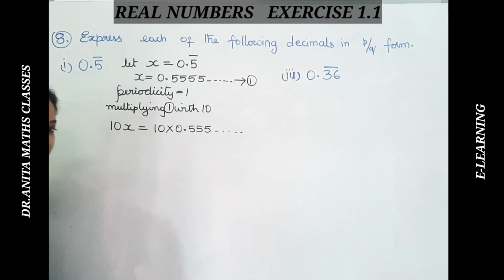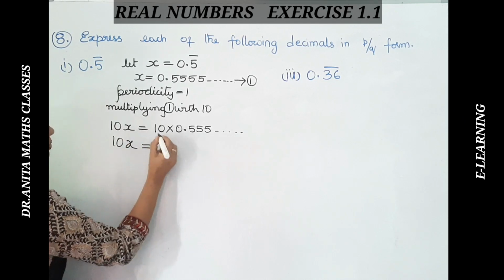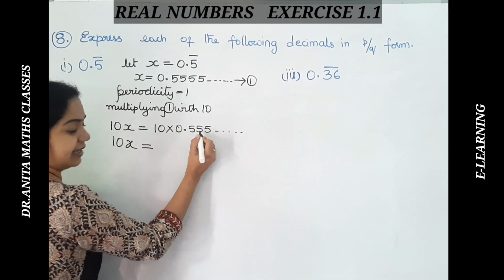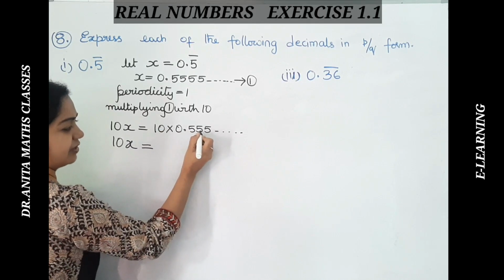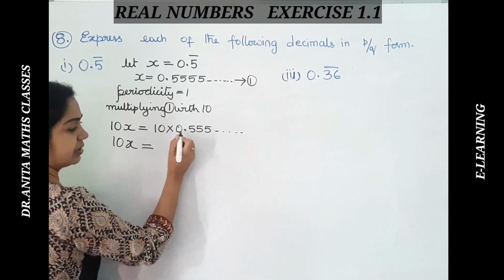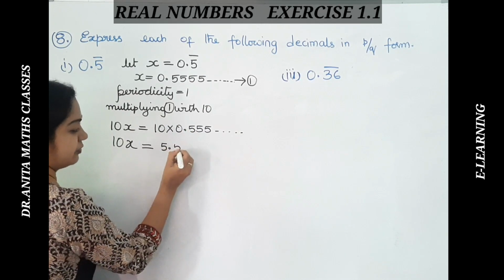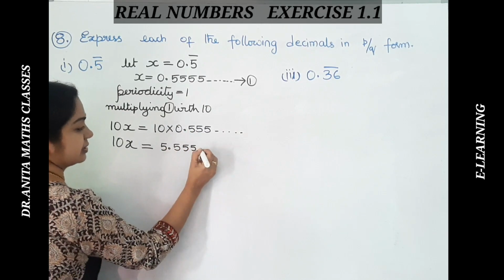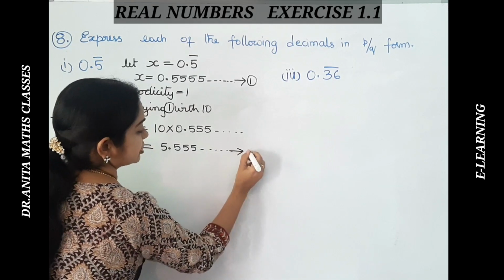When you multiply by 10, the point shifts. Multiplying 555 with 10 gives a 0 here, and the point changes to this place. So this becomes 5.555 like this. Let us suppose this as equation 2.